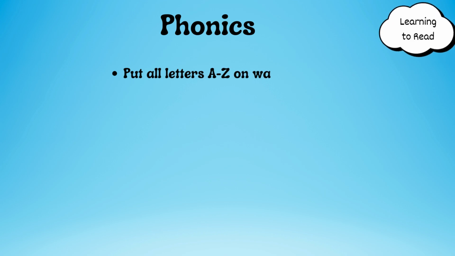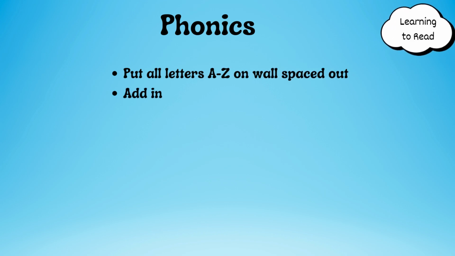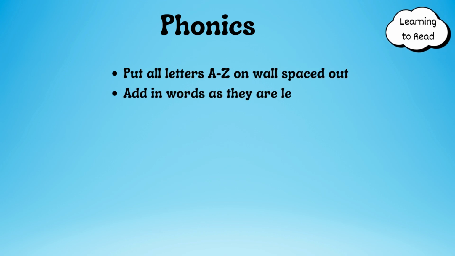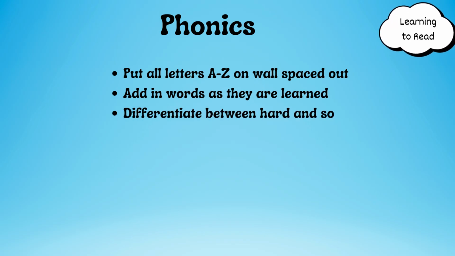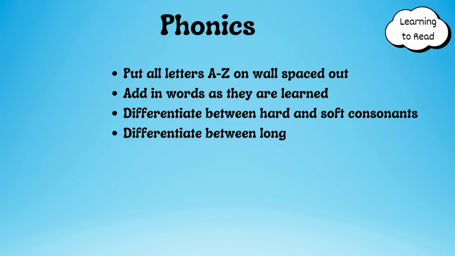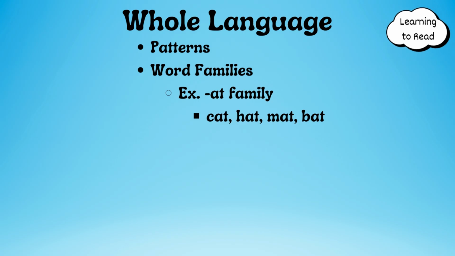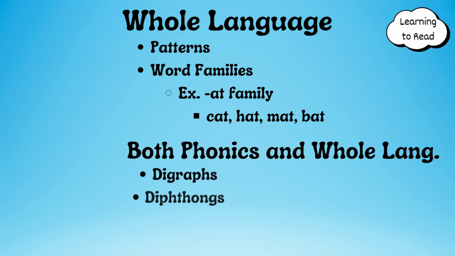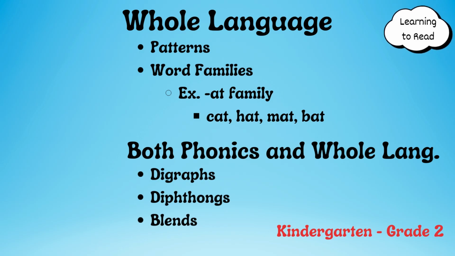How you choose to break down the rest of the Learn to Read section really depends on how you approach the topic. Some teachers focus heavily on phonics. Their wall might include phonics by letters, which would include differentiation between hard and soft consonants, long and short vowels. Some might take a whole language approach, and their wall would include word families, but both will most likely include digraphs, diphthongs, and blends.